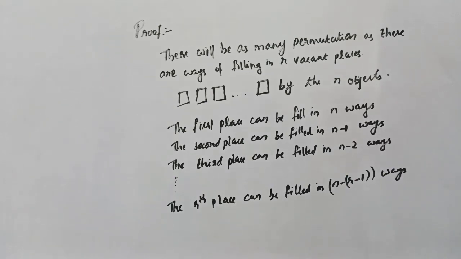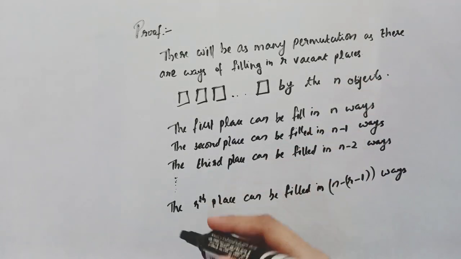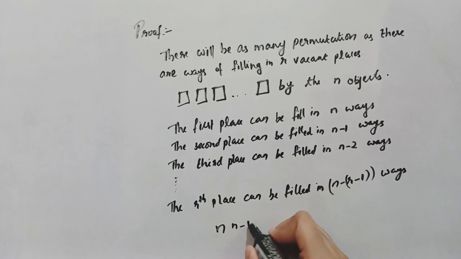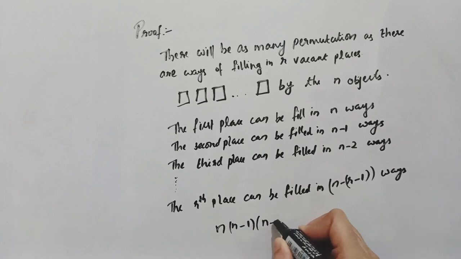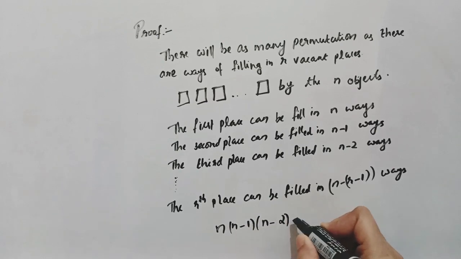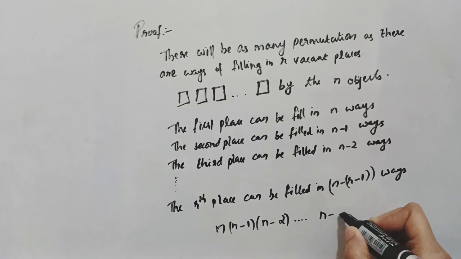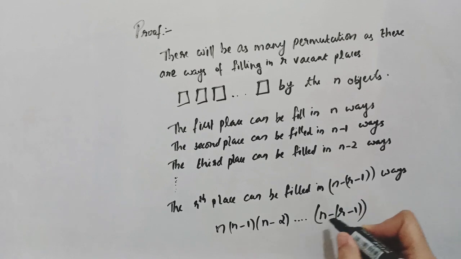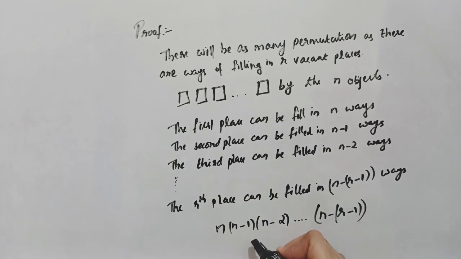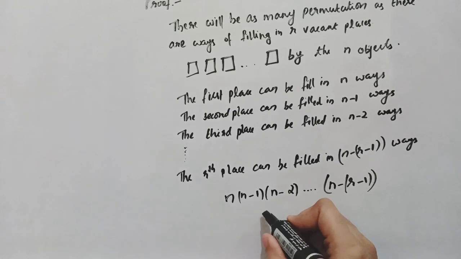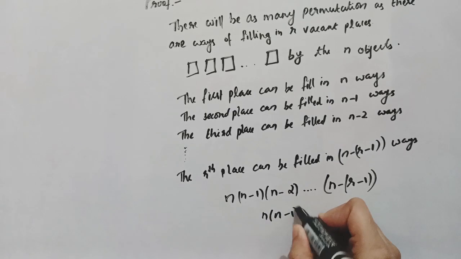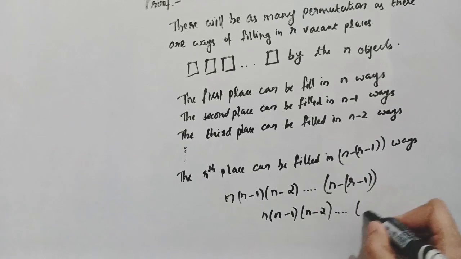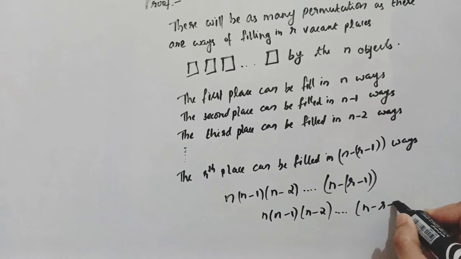Therefore, the number of ways of filling r vacant places in succession is n into n minus 1 into n minus 2 into etc. into n minus r minus 1, or we can write n into n minus 1 into n minus 2 into etc. into n minus r plus 1.